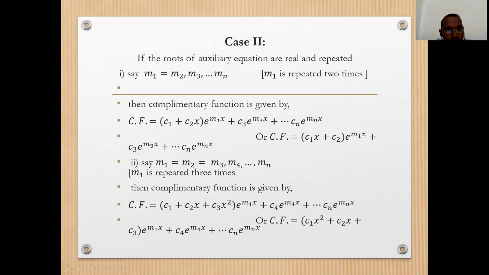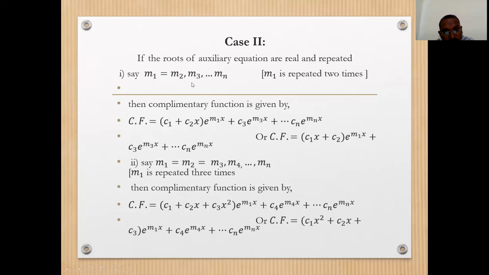At that time, we have to write the complementary function. See here, m1 and m2, these two roots are equal. So for equal roots, we have to write c1 plus c2x into e raised to m1x, because m1 is repeated 2 times. So corresponding to this repeated root, the complementary function is c1 plus c2x into e raised to m1x.